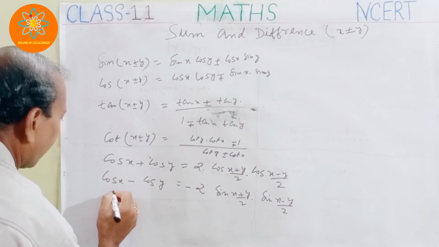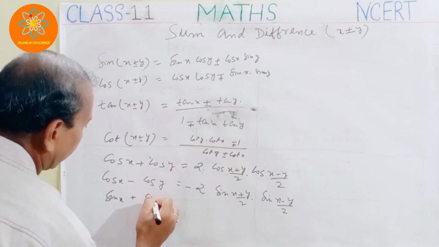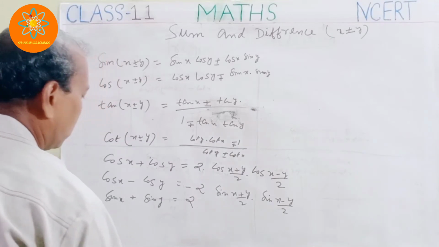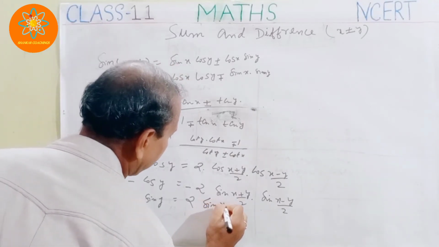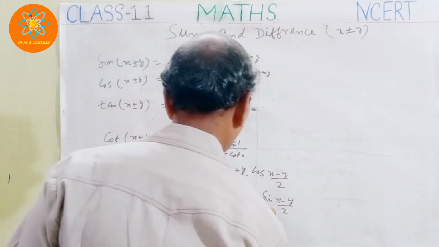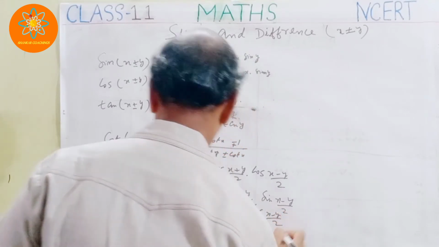Similarly, if I take sine x plus sine y, this is equal to 2 into sine (x plus y)/2 into cos (x minus y)/2.